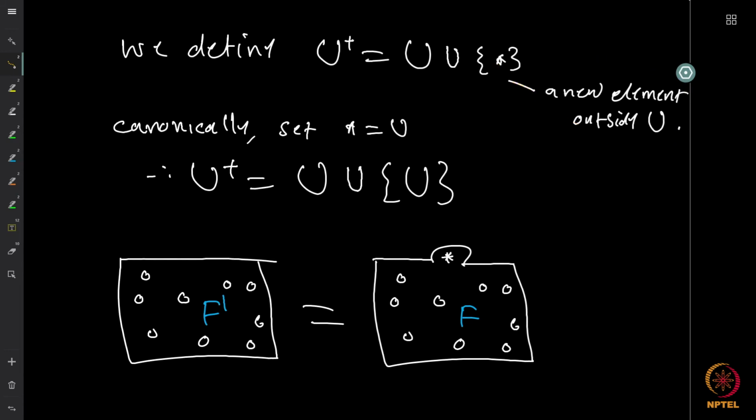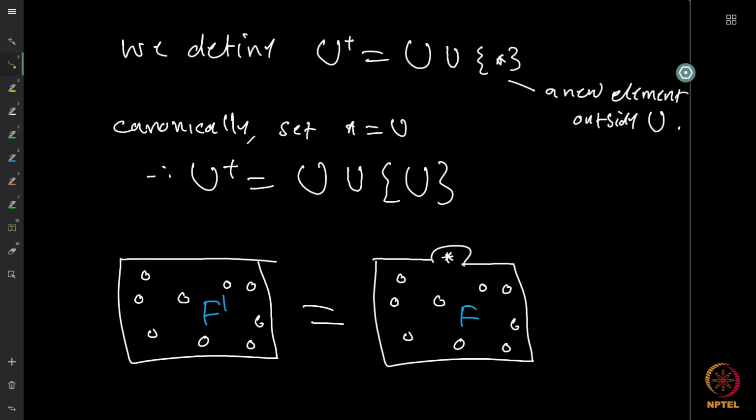And a canonical way to always select a new element: whatever your set U is, if you want to find a new element which is not part of it, you can take the set U itself as a new element. You are not taking the union, you are just adding U as an element of the new set, so U union singleton U.